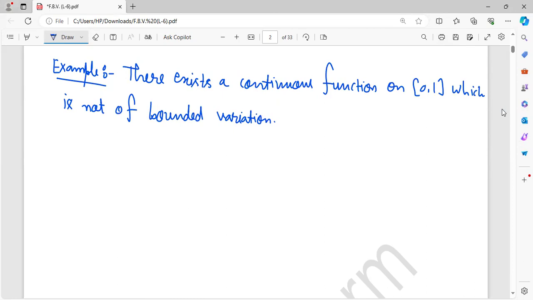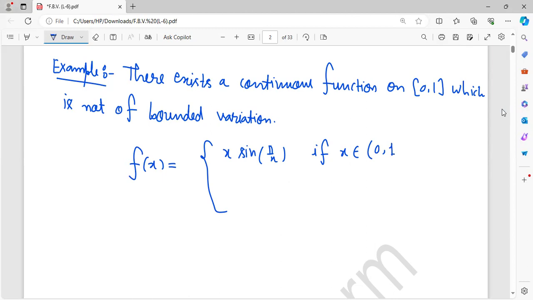Okay, so I am defining that function. Define f(x) = x sin(pi/x) if x belongs to the open interval (0, 1), and 0 otherwise.